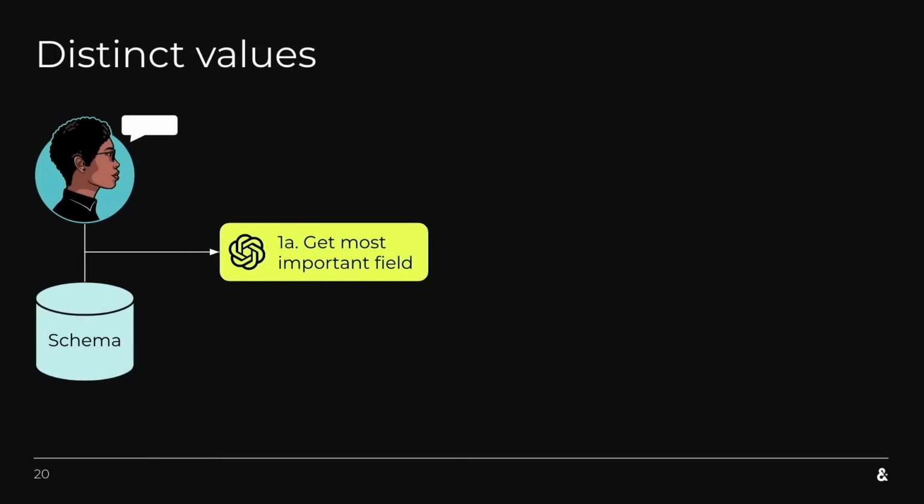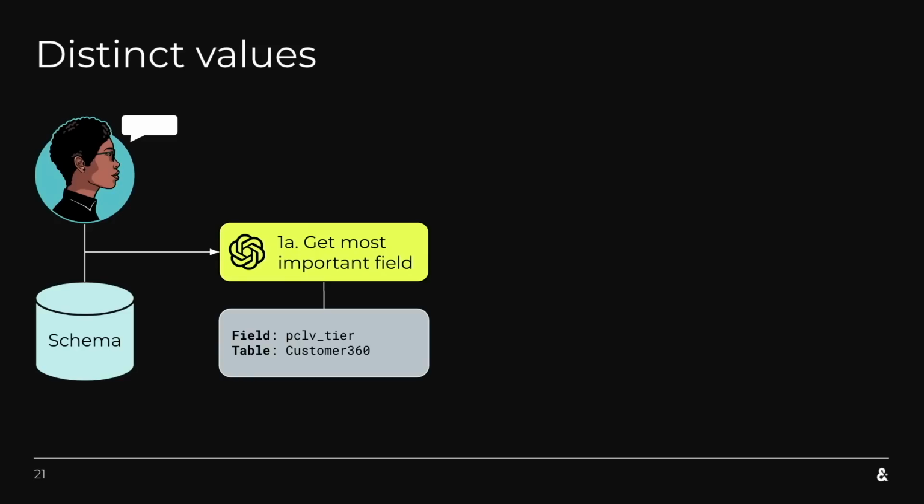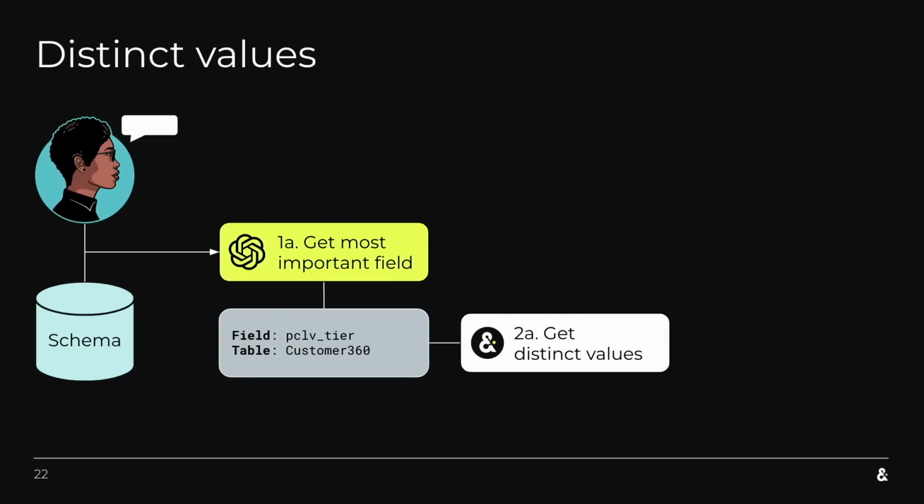So we added another research step on top of this, which is to get the distinct values of the most important field. So we passed the user's question and database schema to another intermediate GPT-4o step that asks it to get the most important field across the entire database schema. This field should be PCLV tier in the table Customer 360.